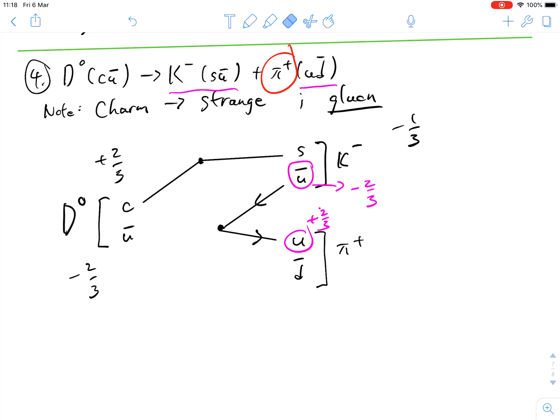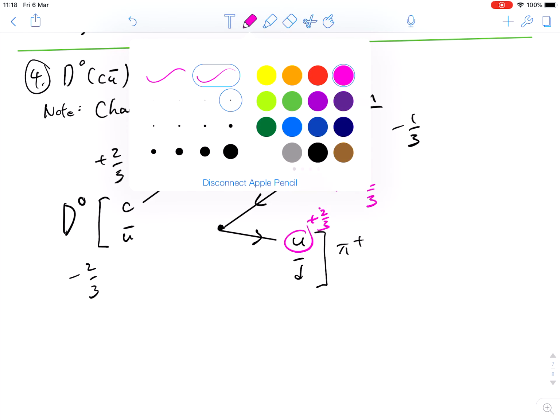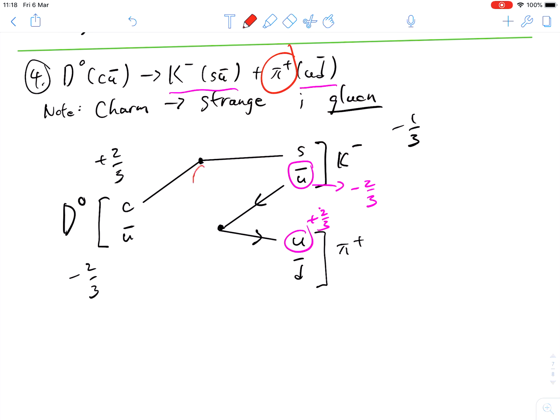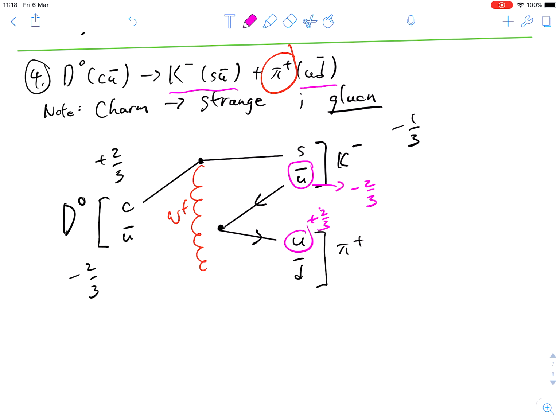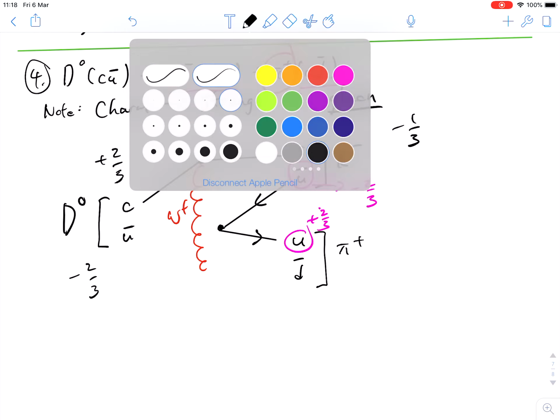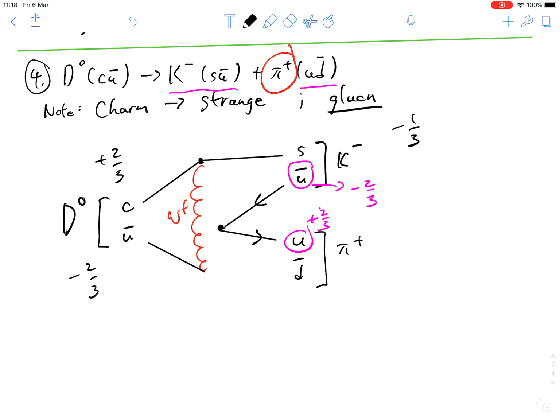So W plus wouldn't give a neutral. Our W negative actually has to give us a, sorry, red color. Okay, so W negative should actually give us our, no, W positive, sorry. Yeah, W positive is going to give us our positive charge. So that I think then is going to give us this last little piece right here on the bottom. So let's have a quick little think about this.